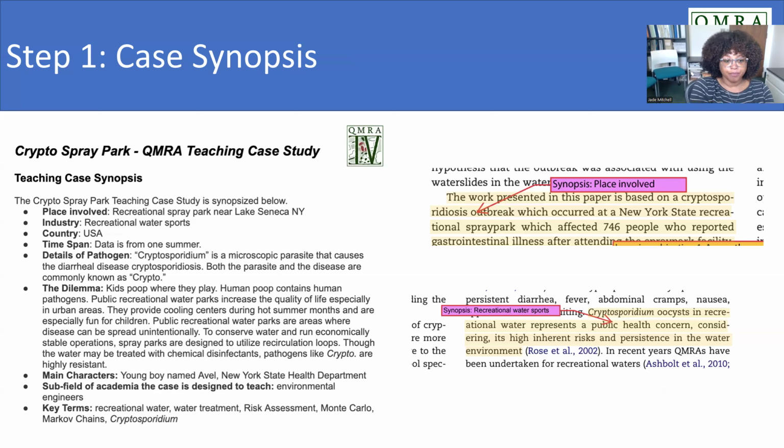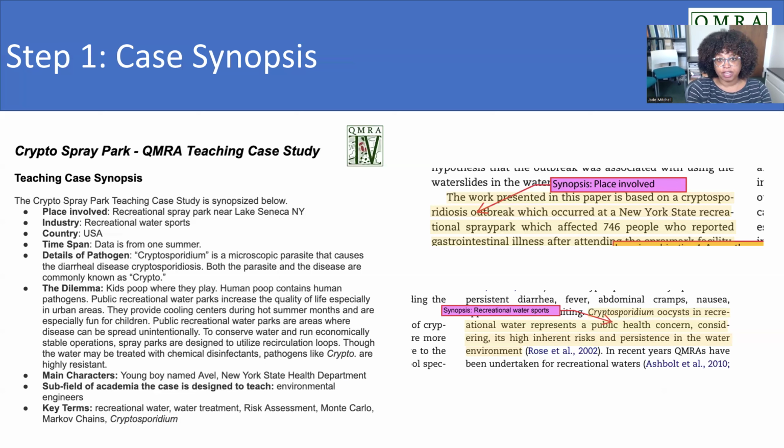The dilemma is just a brief description of why this is a problem. This isn't a full problem formulation, but it should describe how this type of scenario could occur. So we start our dilemma here with kids poop where they play.